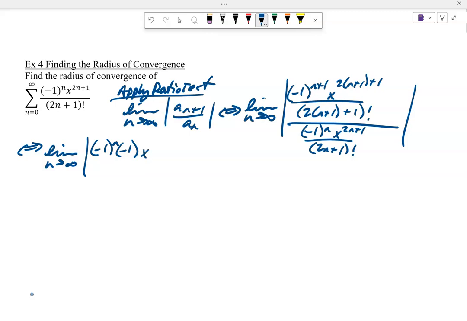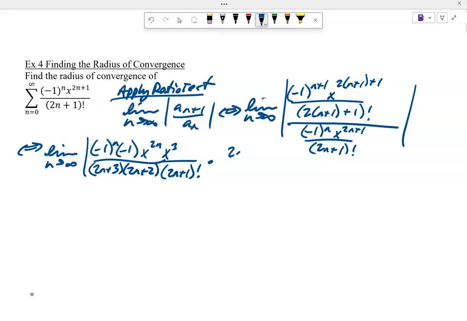So I got x to the 2n plus 2 plus 1, so that's x to the 2n, and x to the third. Bottom I got 2n plus 2 plus 1, so that's 2n plus 3. So I got 2n plus 3, 2n plus 2, 2n plus 1 factorial times.